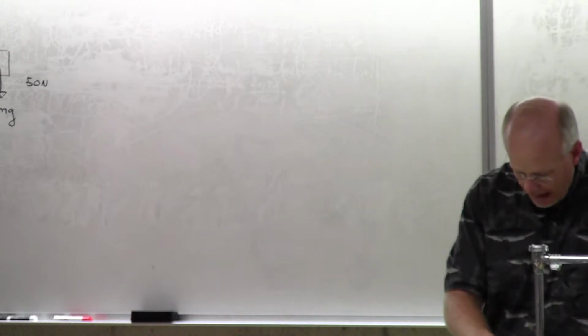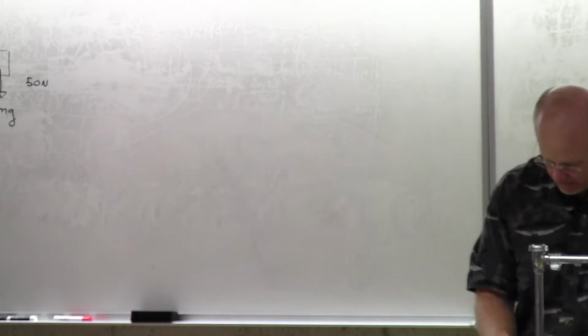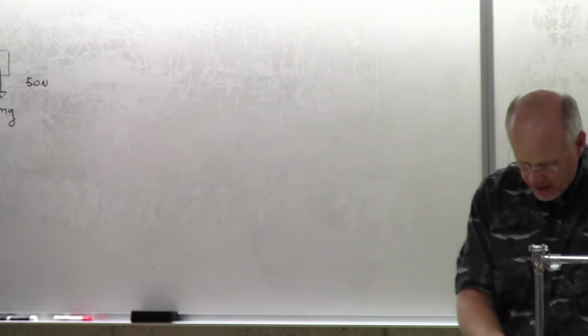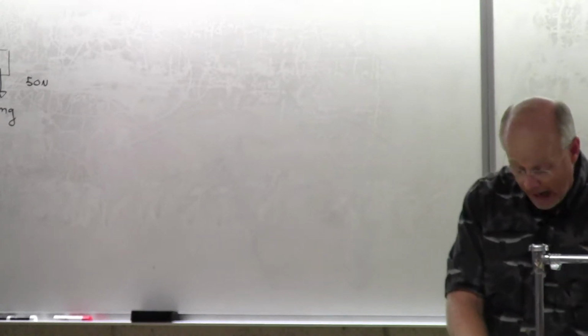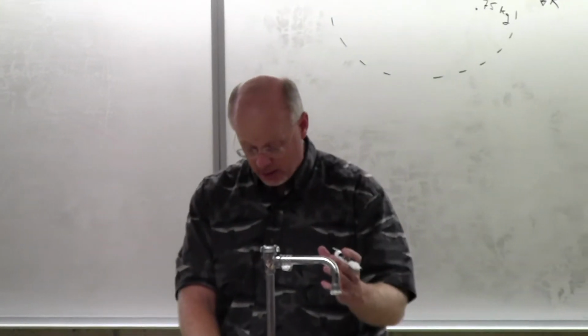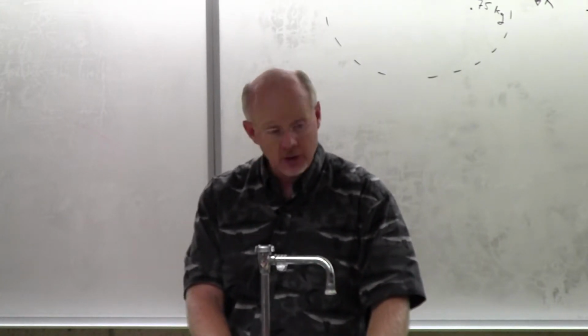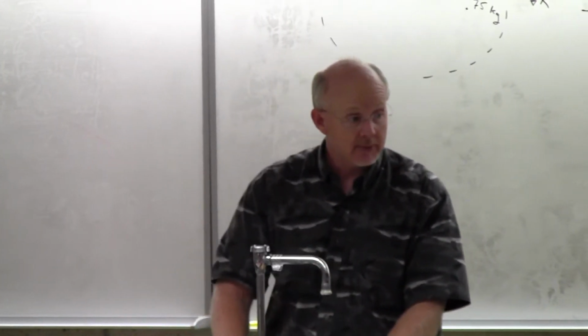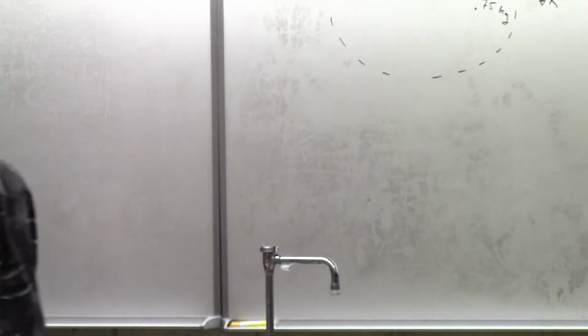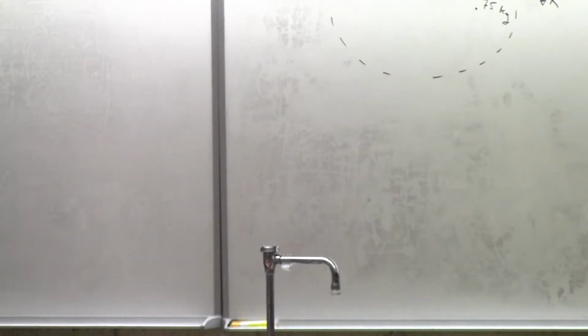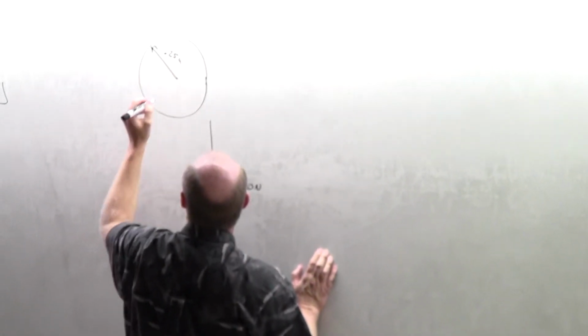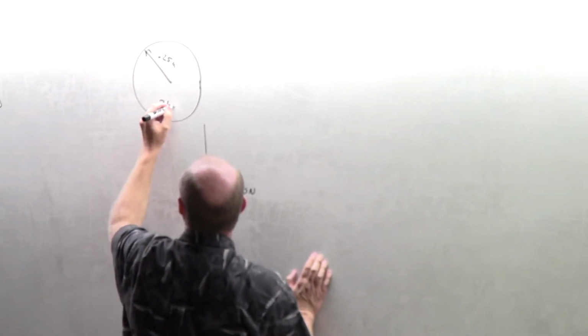It's wrapped around the, oh wait. Object 50 newtons is attached to the free end of a light string wrapped around a reel of radius 0.25 meters and of mass 3 kilograms. Okay, so I got a reel this thing is going around. So this is the reel. It's got a radius of 0.25. It's got a mass of 3 kilograms.